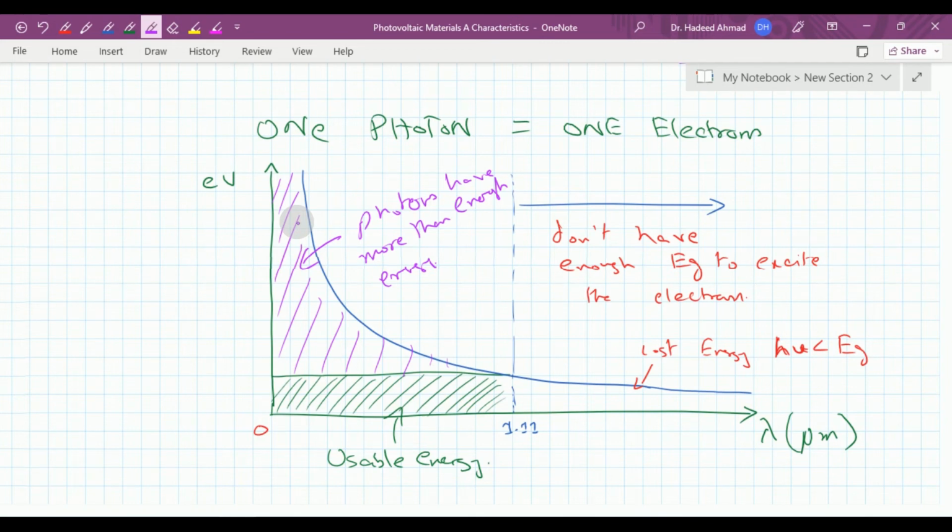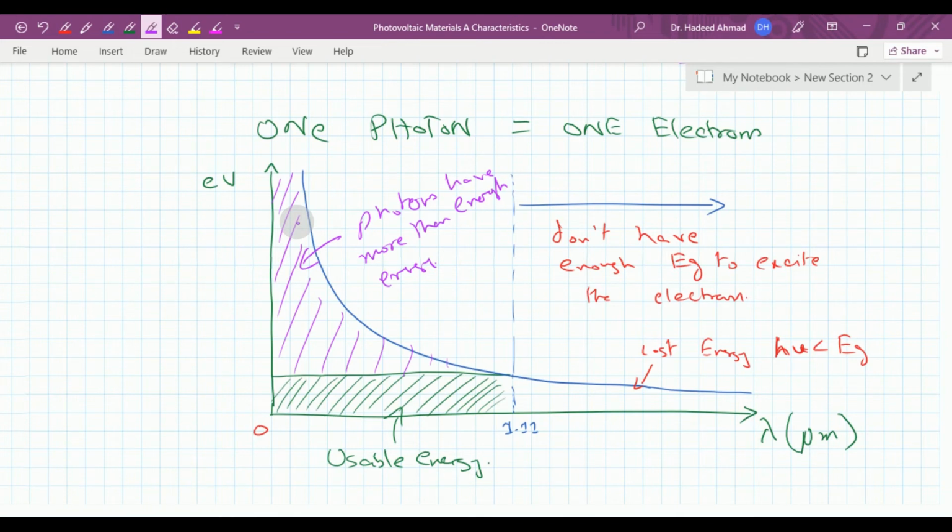Whereas the photons with shorter wavelength have sufficient energy to knock out the electrons into the conduction band, but any energy above 1.12 electron volt is also wasted, and therefore the efficiency is capped by a number for any given material.